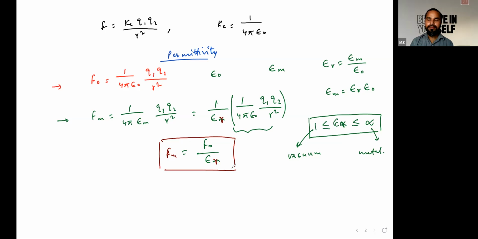Okay. Yes, sir. So permittivity actually tells you to what extent a medium restricts the formation of electric field. Or in another way, you can define how much a medium allows the interaction of charge.